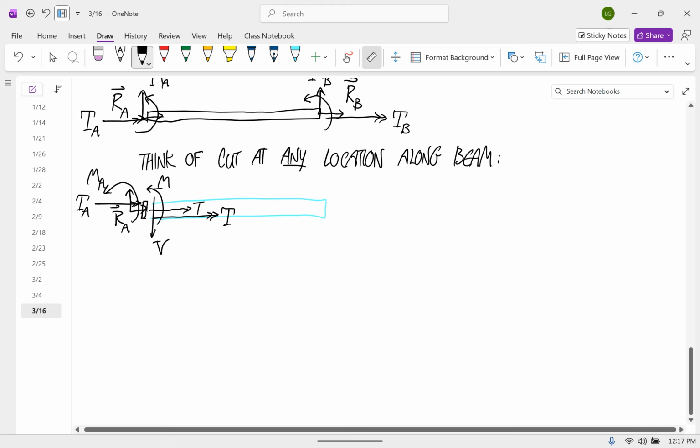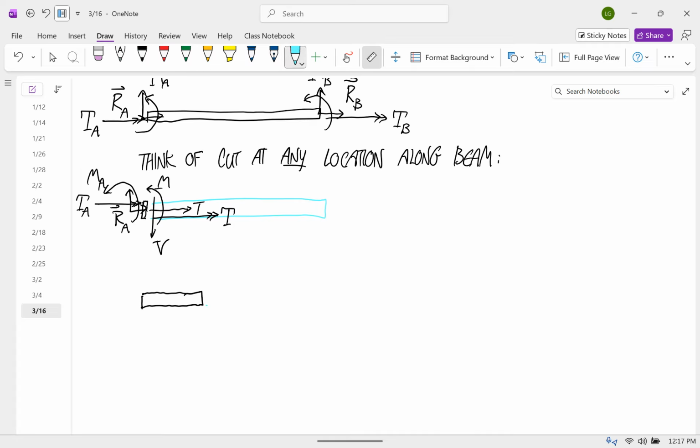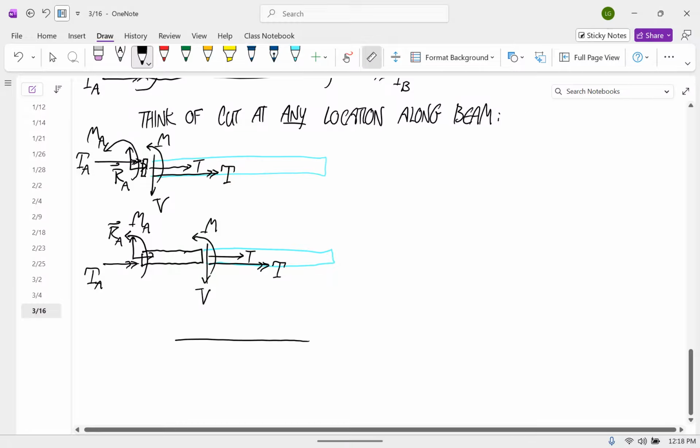Okay, and then we could cut at a different place. And we would have RA here, fancy torque A, MA, and then we'd have our internal loads T, V, M, and fancy T. And I don't want to belabor this point, but I guess I'll draw one more.